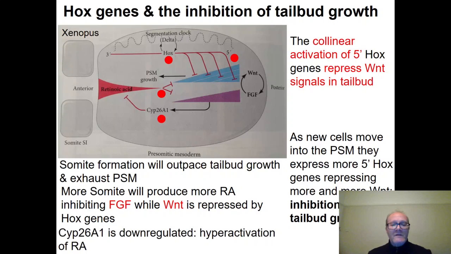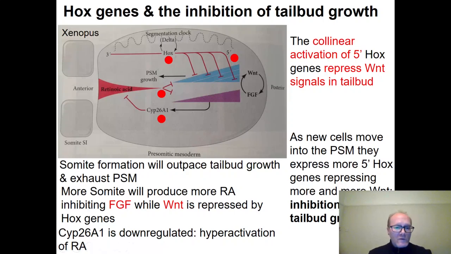At one point, if you remember, we said that FGF induced repression of retinoic acid by inducing the expression of repressors like CYP26, right? But then at one point, the level of FGF is so low that it cannot anymore induce the expression of this CYP26 repressor.